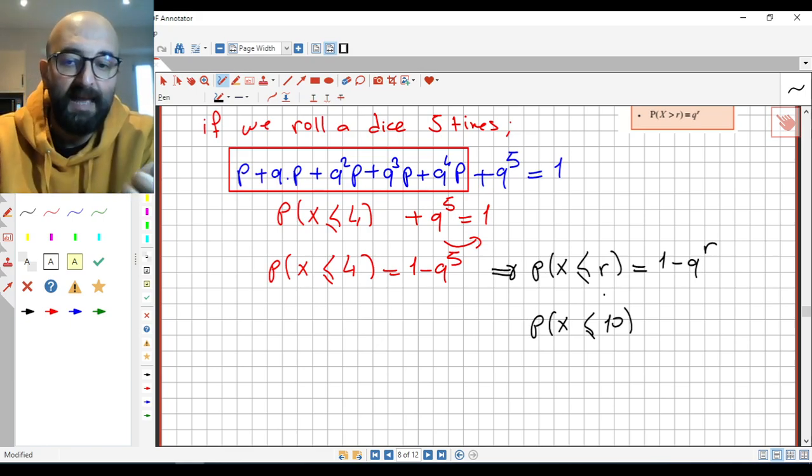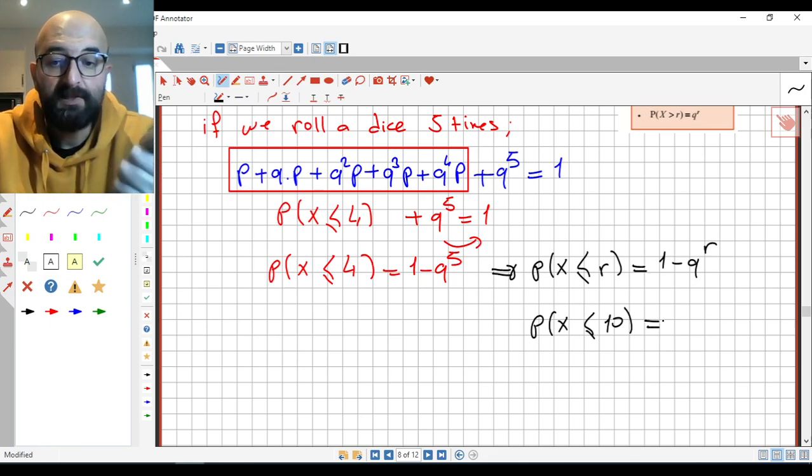So you can say that shortly it is equal to 1 minus q to the power of 10.